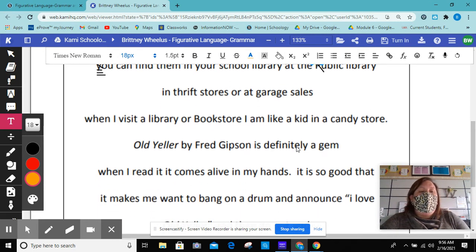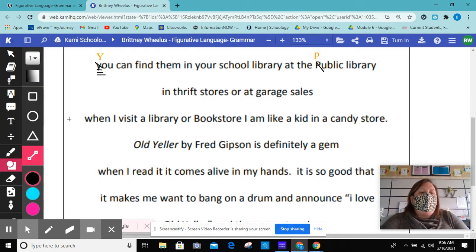All right? In the next line, when I visit a library or bookstore, I am like a kid in a candy store. Are there capitalization errors here? Yes. Capitalize what? The W in when.